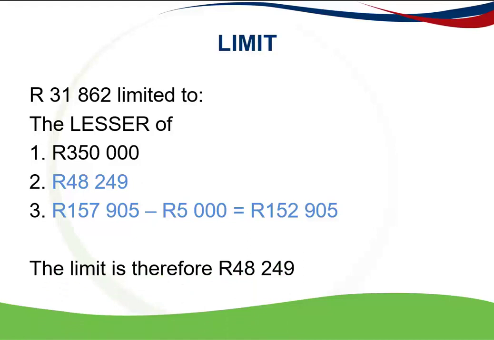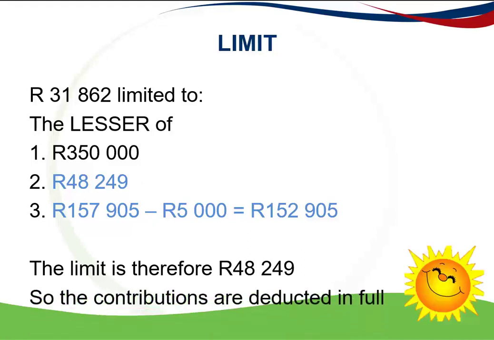And that will therefore become the limit. That's the most that the taxpayer can deduct in the current year of assessment, which means because the contributions are 31,862, that they will be able to be deducted in full, which the taxpayer will be happy about. They won't be limited. In fact, if you were advising that taxpayer, you would tell them to increase their contributions to retirement funds because they could get a bigger benefit for taxable income purposes if they can afford to do that.